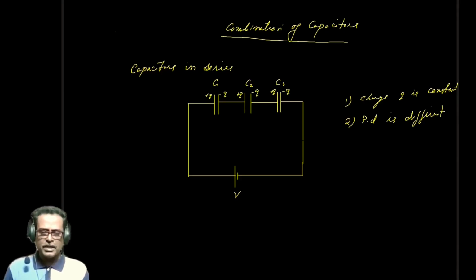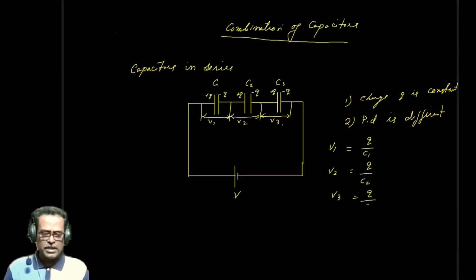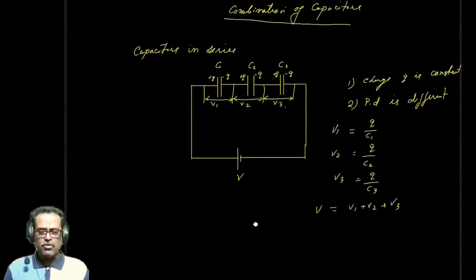Therefore, the potential difference across C1 is V1, across C2 is V2, and across C3 is V3. So V1 = Q/C1, V2 = Q/C2, V3 = Q/C3. And the total potential difference across the battery is V = V1 + V2 + V3.